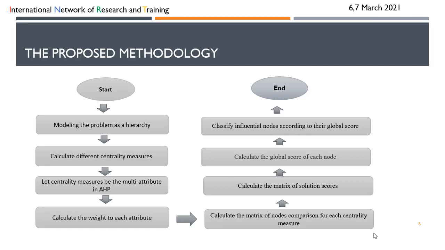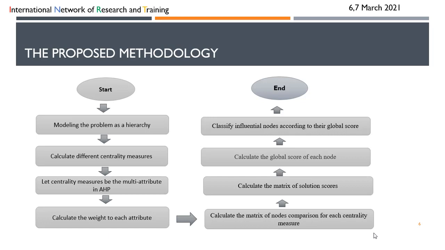So the proposed methodology combines AHP and centrality measures. We can aggregate centrality measures as multi-attributes in AHP. So we start with modeling the problem as a hierarchy. We calculate different centrality measures. We let centrality measures be the multi-attributes in AHP.